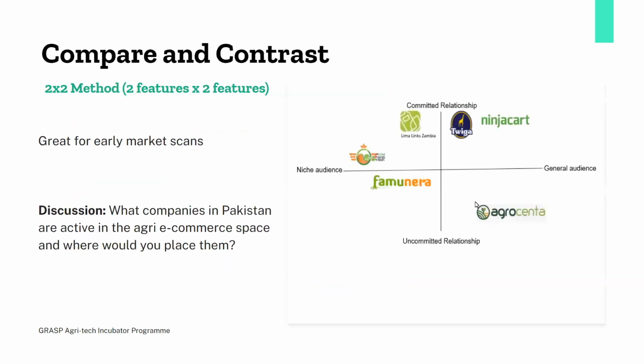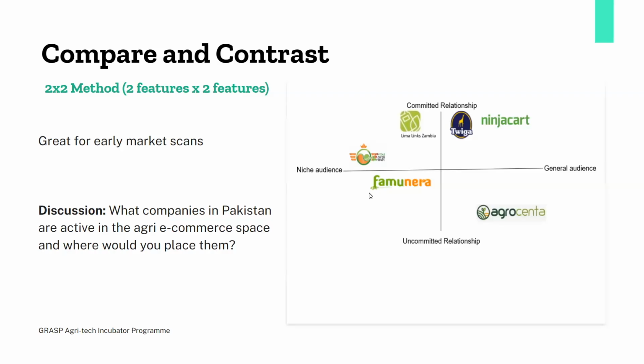So, a few ways that you can actually build your competitor analysis or your competitive landscape, so to speak, or understand it, right? This is a quick 2x2 that I did based on a few services in the digital agri e-commerce space, right? And it's a basic 2x2.